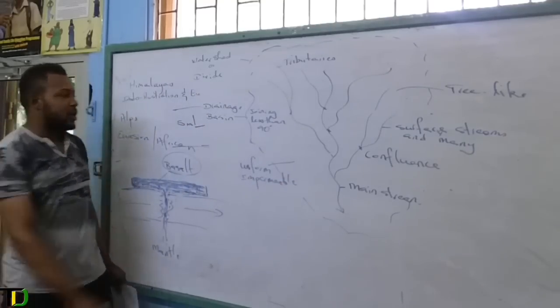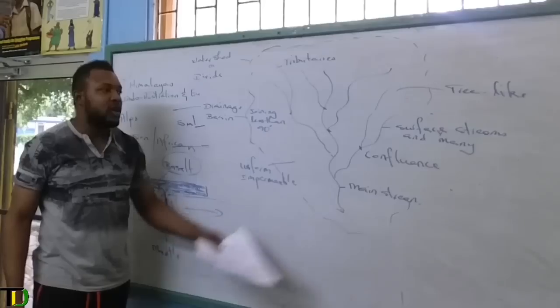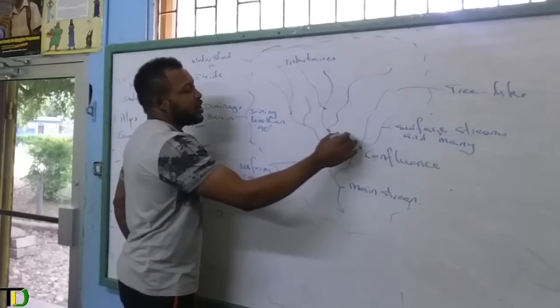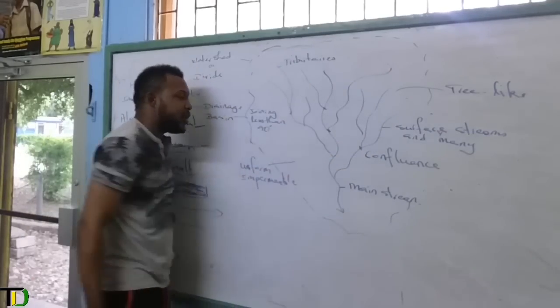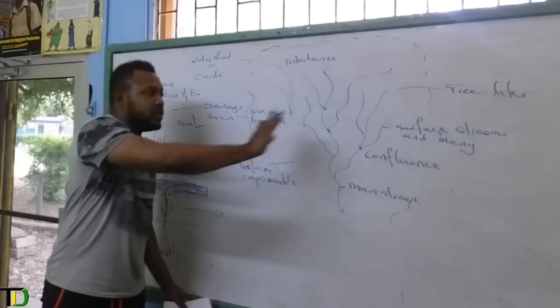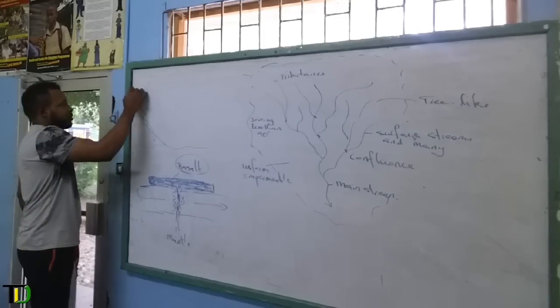So what is happening now? Most of the water remains on the surface, so you don't have any underground stream because it's still on the surface. You have many surface streams and the tributaries tend to join the main stream at angles less than 90 degrees.